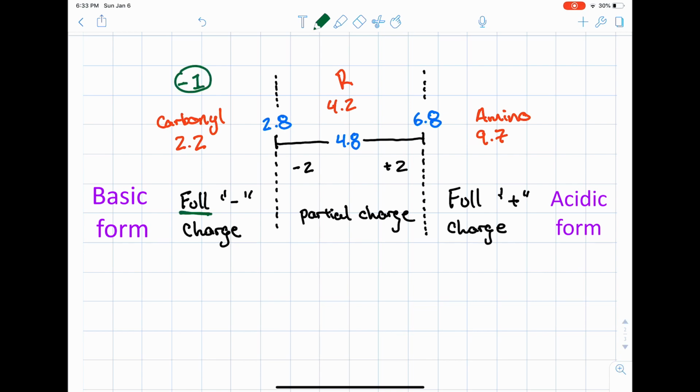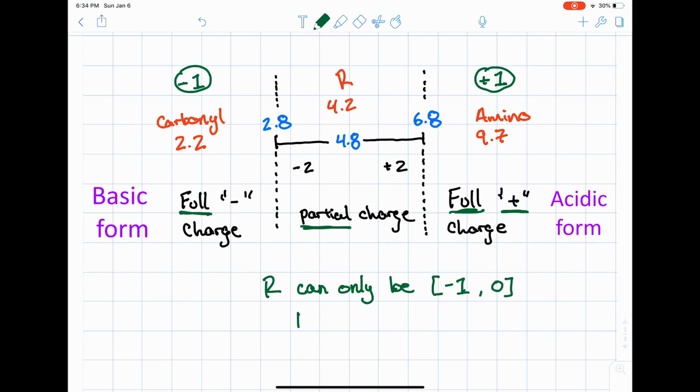Since the amino is on the right side, or the quote-unquote positive acidic side, it takes on the full positive charge. For the R group, its charge only spans the range of -1 to 0, or no charge. It is unable to reach a positive charge, and we know that because it is a glutamate derivative.